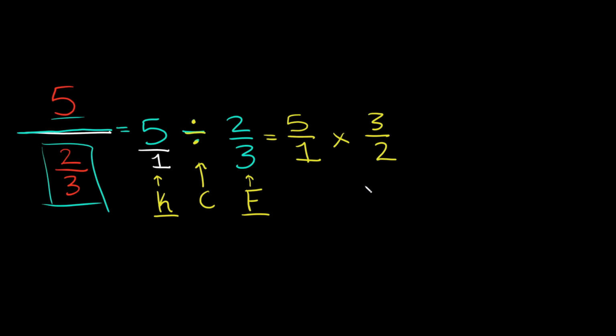When you multiply fractions, you just multiply straight across. So what's 5 times 3? That's equal to 15, okay? And that's going to go over, what's 1 times 2? That's just 2. Okay, so the original problem, 5 divided by 2/3, is equal to 15/2.